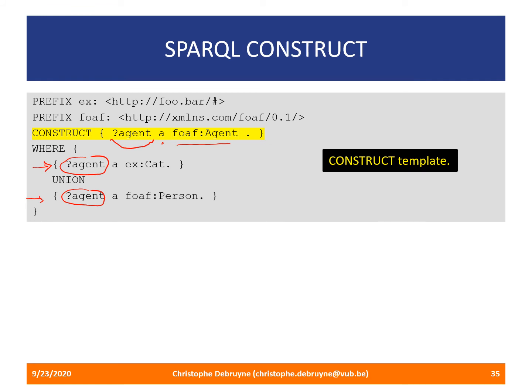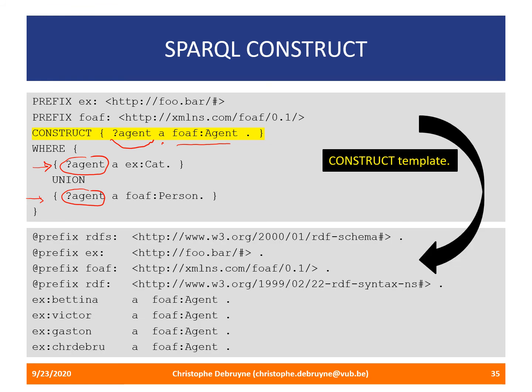When I apply this query to my data, this is the result. I have 4 triples stating that Bettina, Victor, and Gaston are FOAF agents, as well as me, Gudebru, being an instance of FOAF agent.